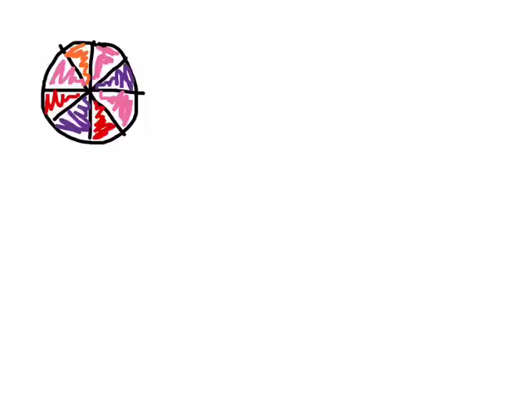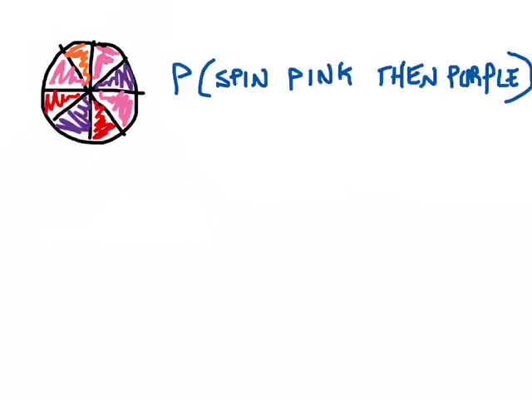Here's another example. Let's say this is a spinner and it looks like it has 3 pink spaces, 2 red spaces, 2 purple spaces, and 1 orange space. Let's say I wanted the probability of spinning first pink, then purple. Well, again, I've got that keyword in here that tells me, first of all, then, that I'm going to be multiplying.